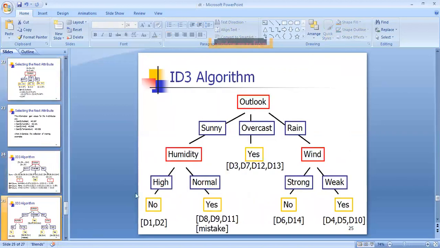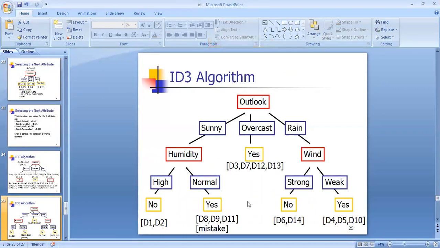So the final ID3 algorithm will tell you that when outlook is sunny and humidity is high, the answer is no, and that will go with D1, D2. You have to tell where these classes will come. Similarly, with sunny and humidity normal, it will go with 8, 9, 11. Similarly, when it is yes, you will get D3, 7, 12, 13.